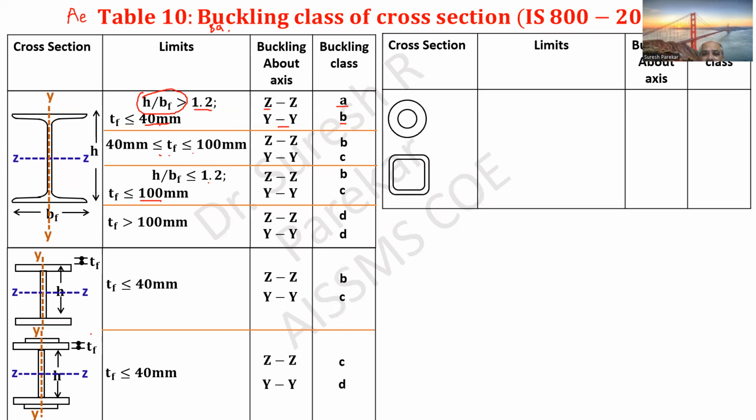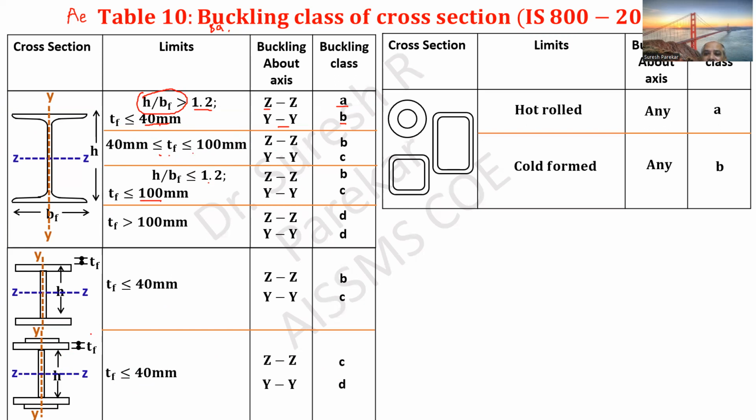Then we have hot rolled cross sections, and these are cold form, and this is hot rolled. And you can see these values for hot rolled cross sections. The buckling class for all is A, and for cold form, which we do not have in our syllabus, we have B, and these are hollow sections.